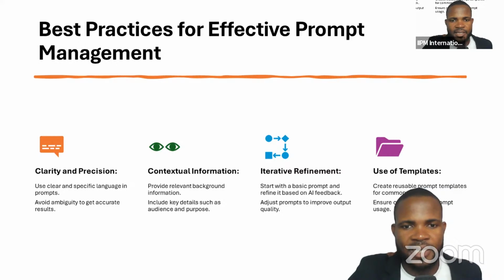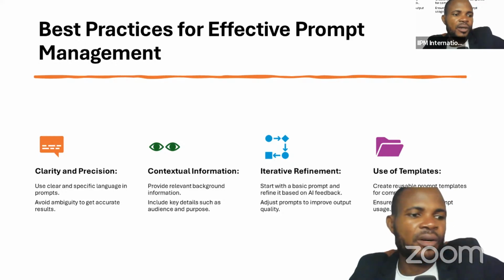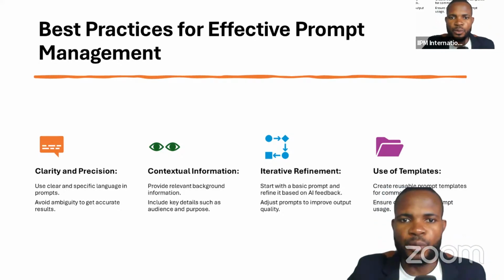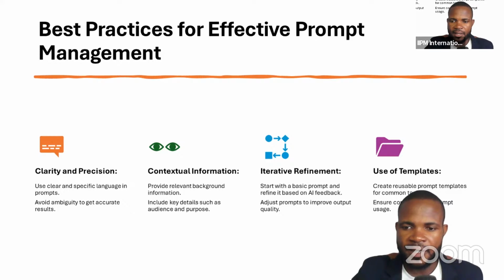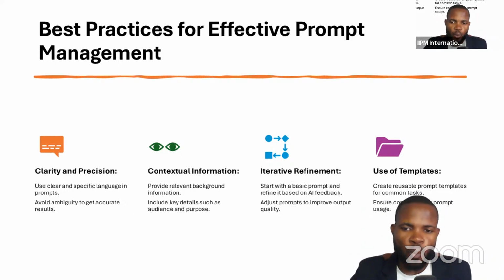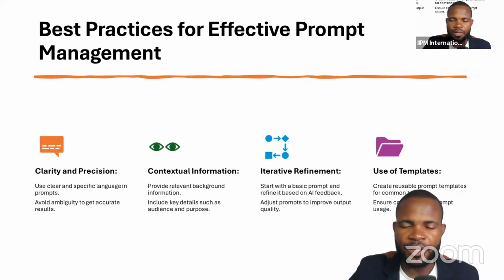Now, the next one is iterative refinement. So I've said it over and over again, your content is to be refined. So you use iterative mechanisms to refine your content and get it to be what you want it to be. All right. Then you have use of templates.